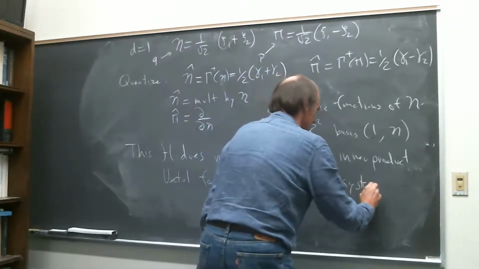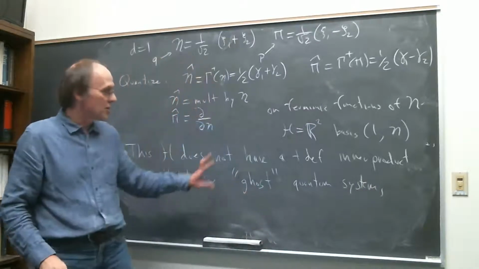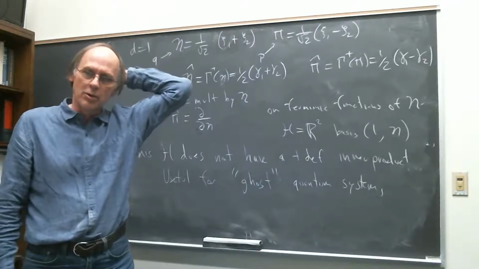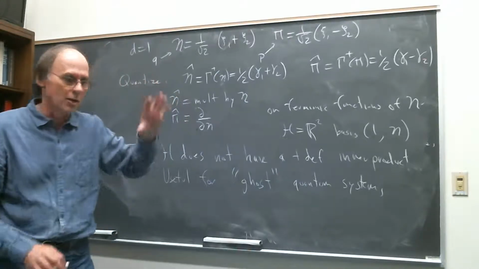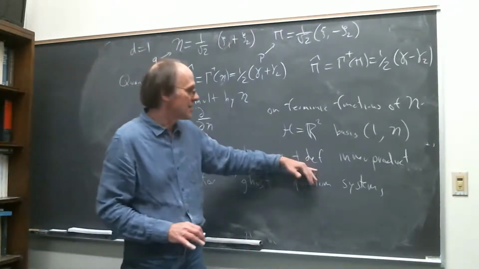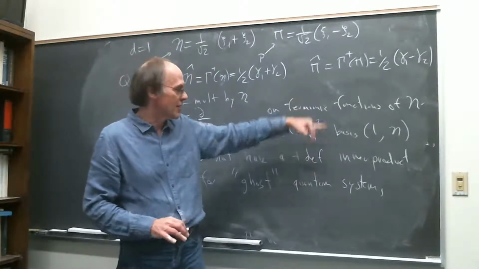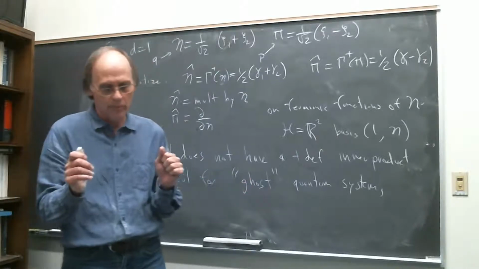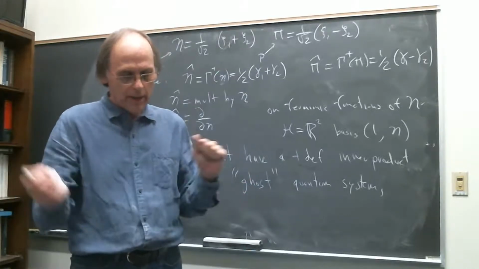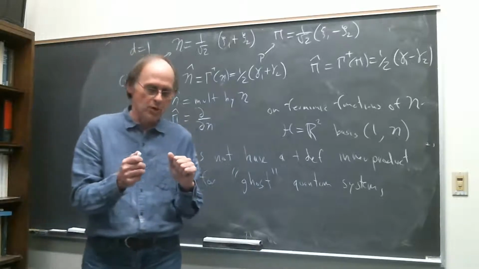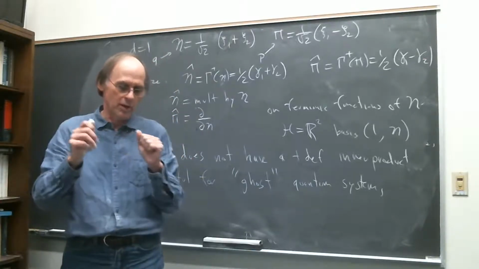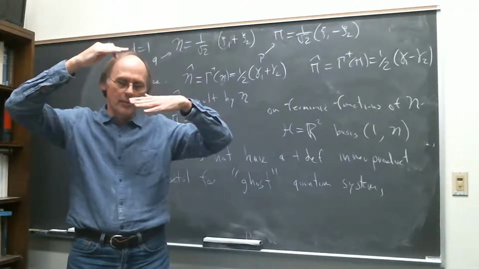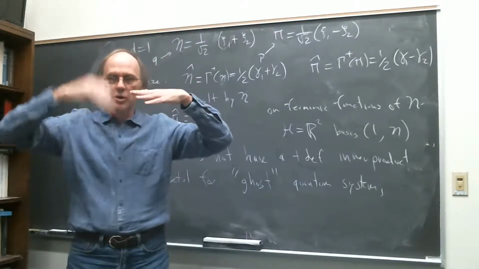Let me just say this. You're not actually going to see the story which I just told you in any typical quantum mechanics book, and it's because this is not giving you what you want. It's giving you something weird, and it actually does appear when there are these so-called BRST methods of using fermionic variables in order to deal with symmetries by canceling out certain degrees of freedom, so-called gauge degrees of freedom.